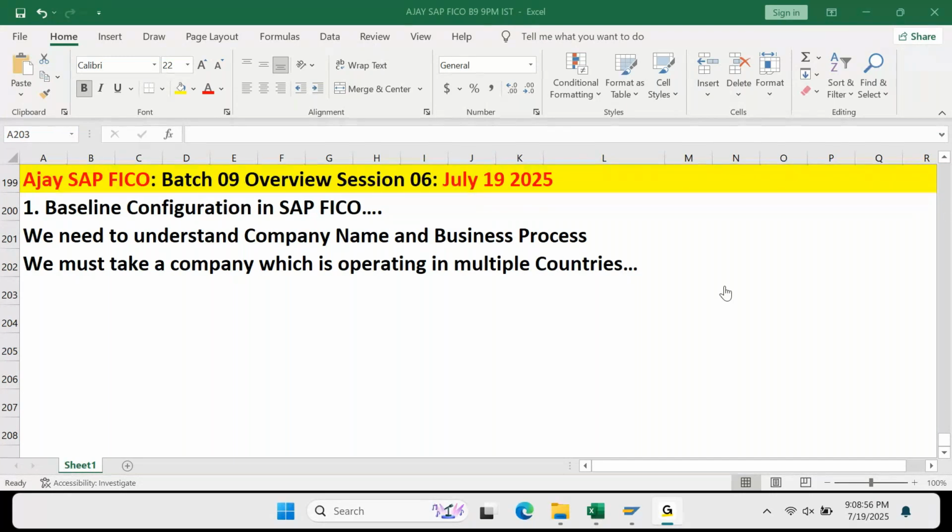Similarly, if I talk about Dell computers, is a Dell computer available only in India, or also in different other countries? It is available in other countries also. Meaning, can I call Dell Computer a multinational company, an MNC? Yes.